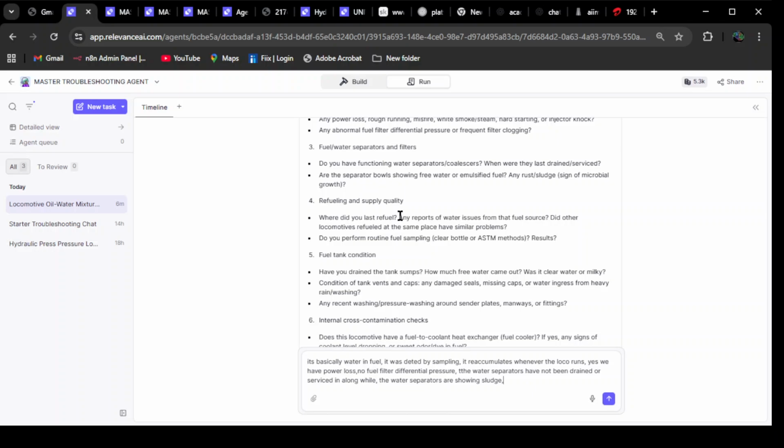Where did you last refuel? We last refueled at a petrol station. Any reports of water issues from the fuel source? No issues with fuel source.